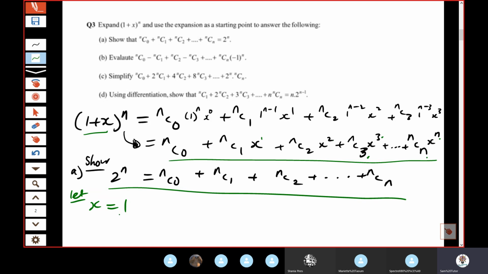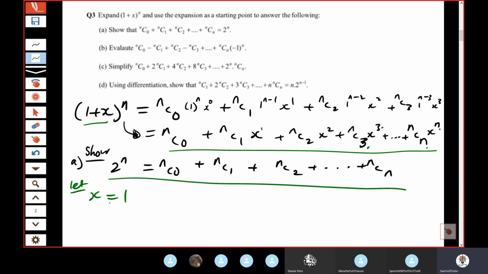If x equals 1, I get 1 plus 1 to the n, and then on the right-hand side I get n choose 0 plus n choose 1 times 1, which is just n choose 1, n choose 2 times 1 squared, which is just n choose 2, plus all the way until the end.